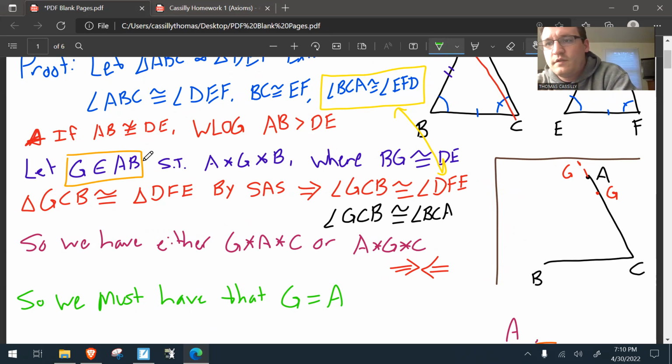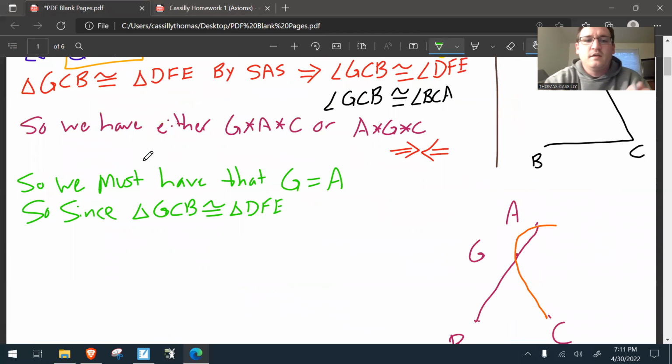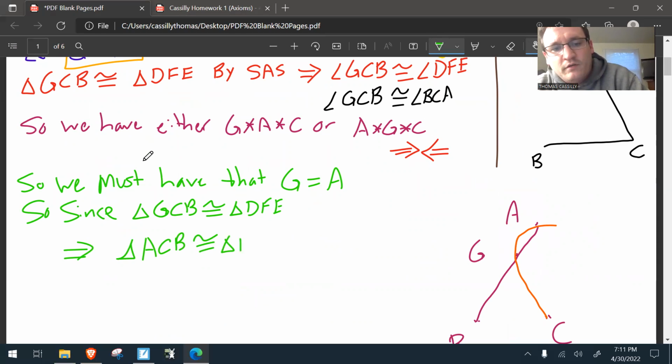So since we showed that triangle GCB is congruent to triangle DFE, and what we just showed is that G and A are the same thing, we must have triangle ACB must be congruent to triangle DFE. Right. And there we have it.